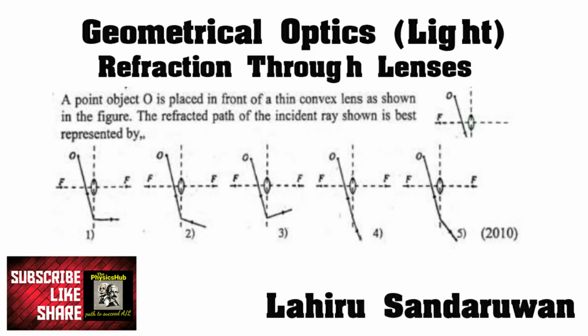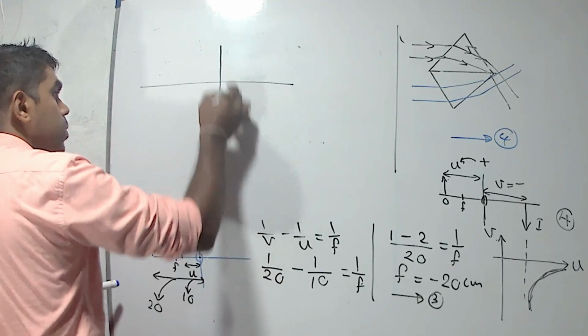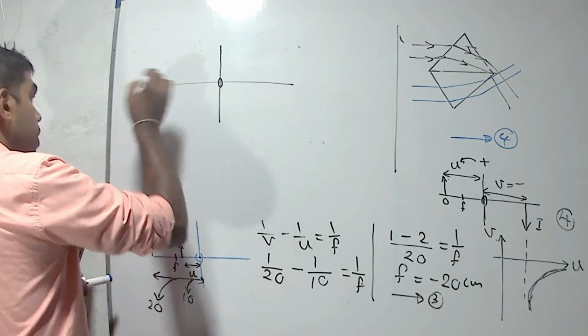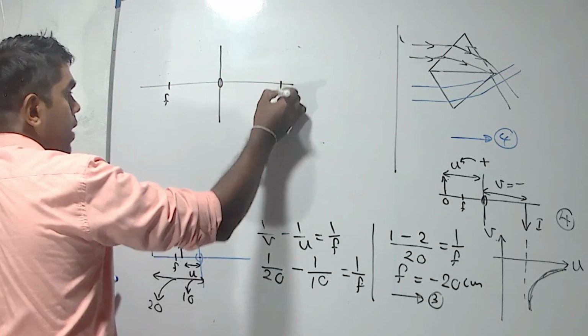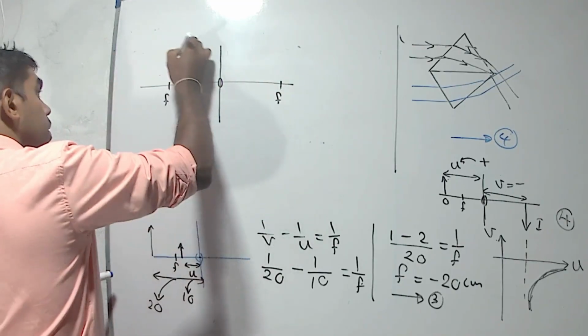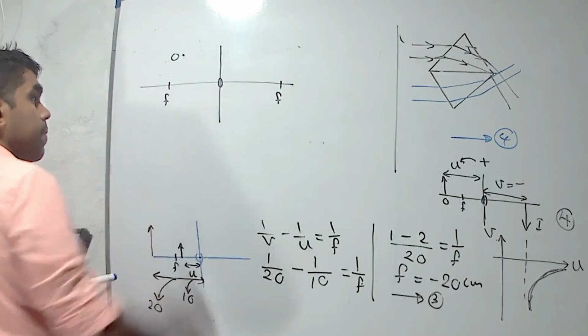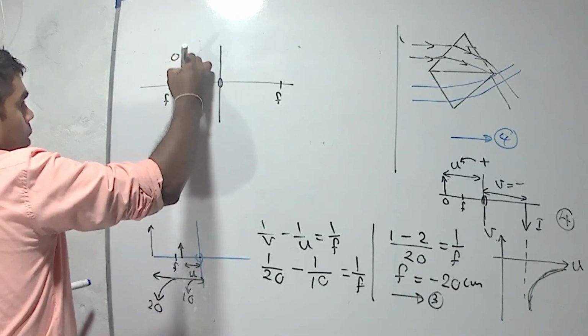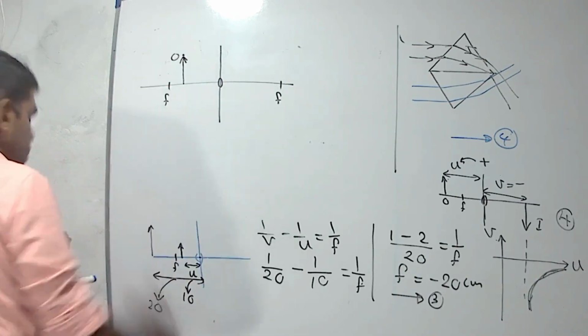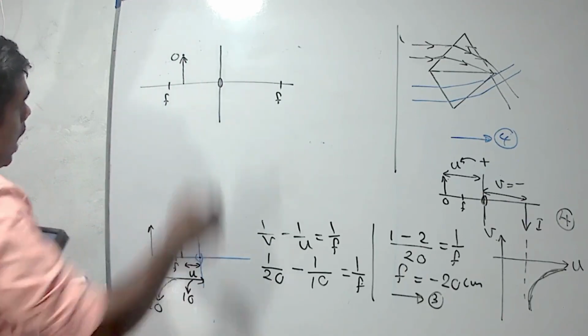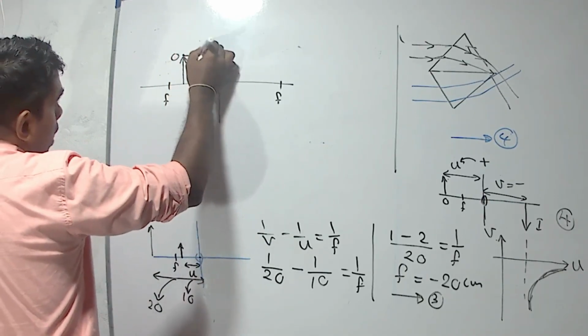The point object O is placed in front of the thin lens as shown in the figure. The refracted path of the incident ray shown is best represented by? I will draw the corresponding ray diagram. We have marked the focal length. The object is like this. We can draw the parallel ray.